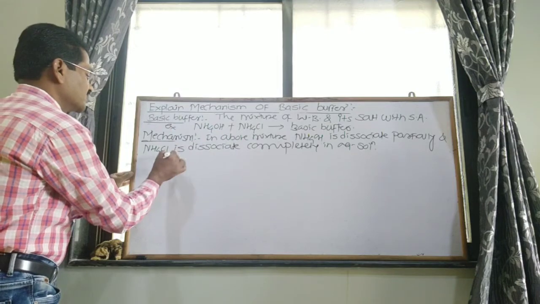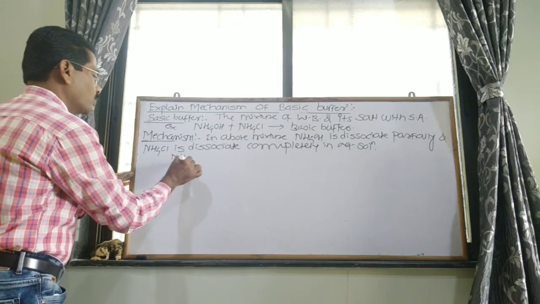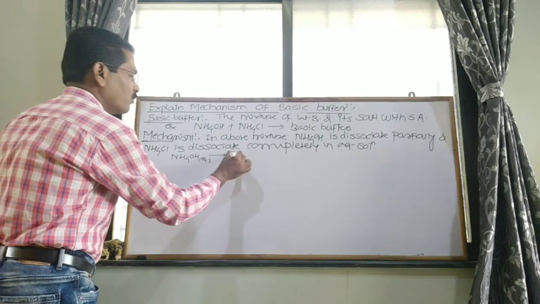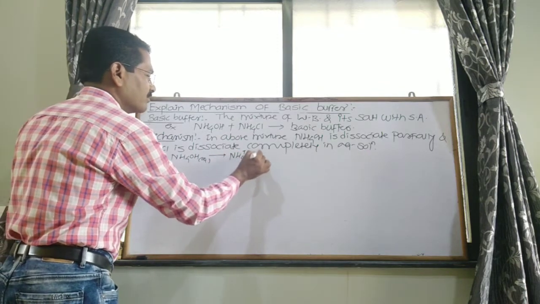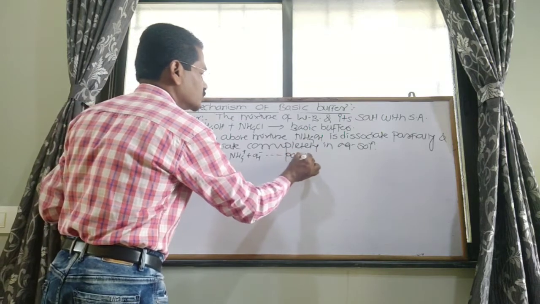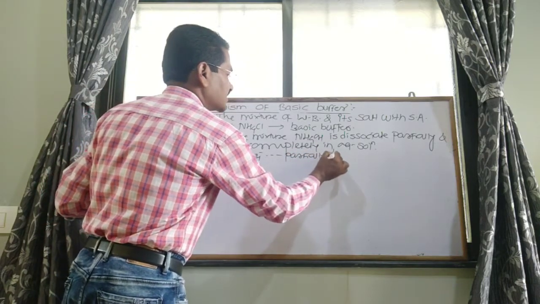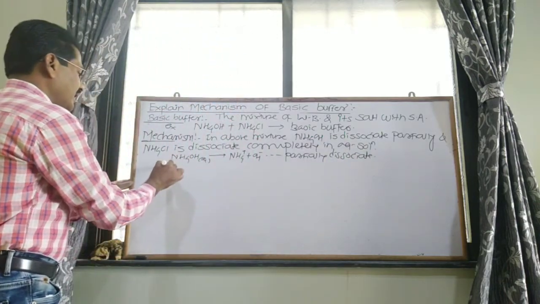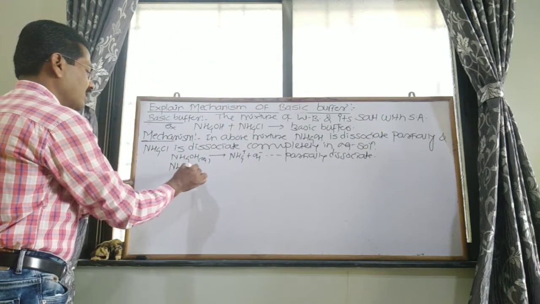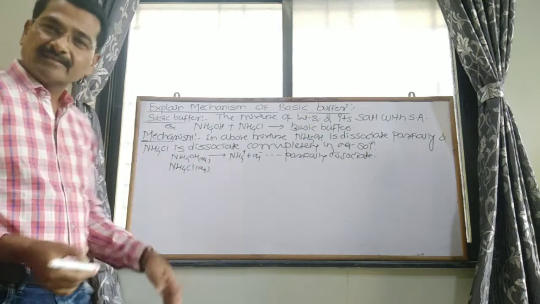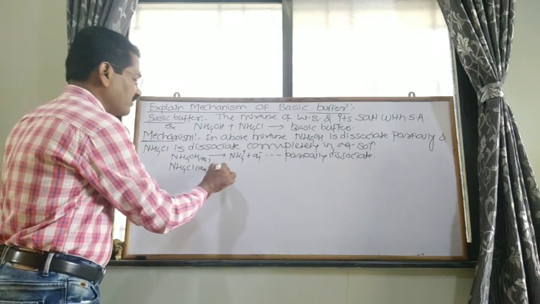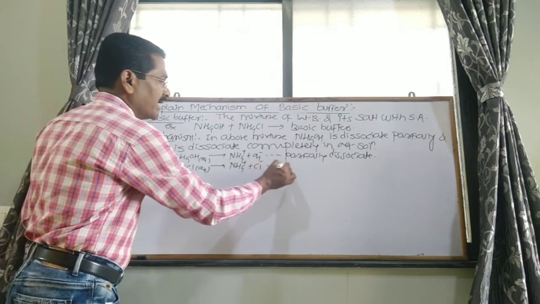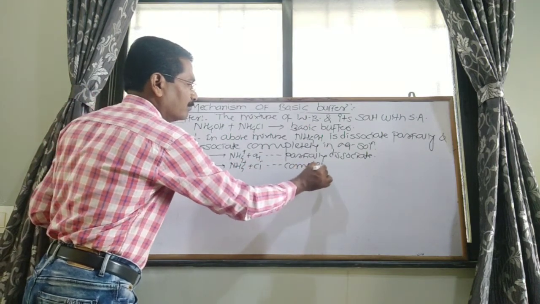To give the equations, first NH4OH dissociates to give the NH4 plus ions and OH minus, that is partial dissociation, while NH4Cl ammonium chloride salt in aqueous solution dissociates to give NH4 plus and Cl minus, that dissociates completely.